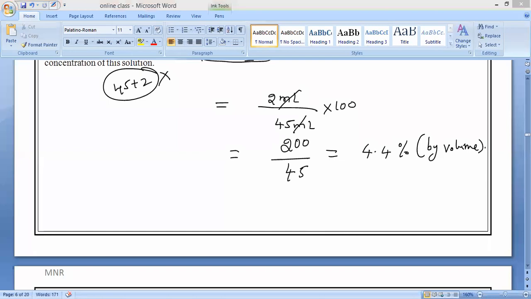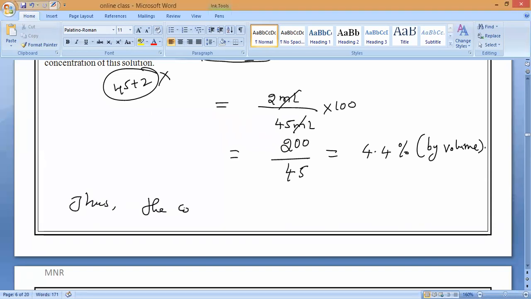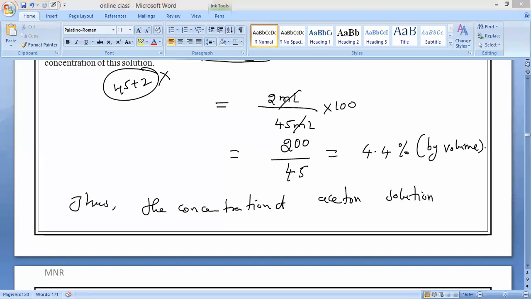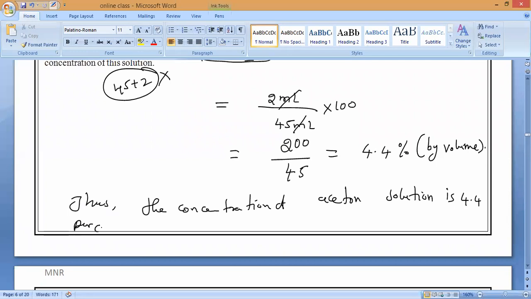You have to write the statement also. Thus, the concentration of acetone solution is 4.4%.